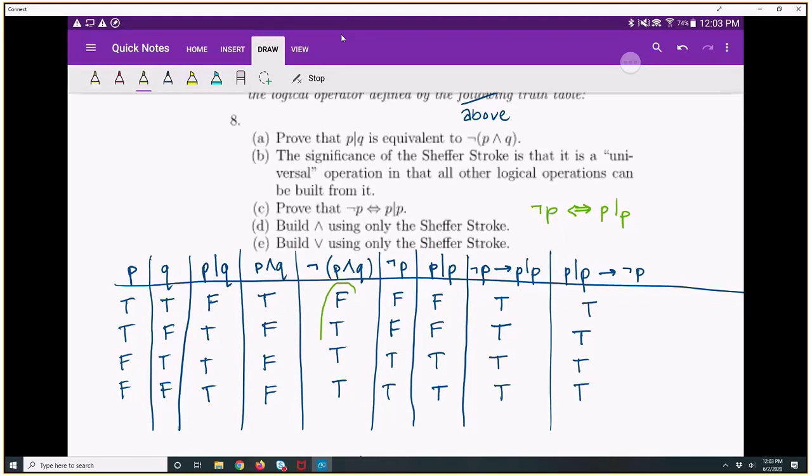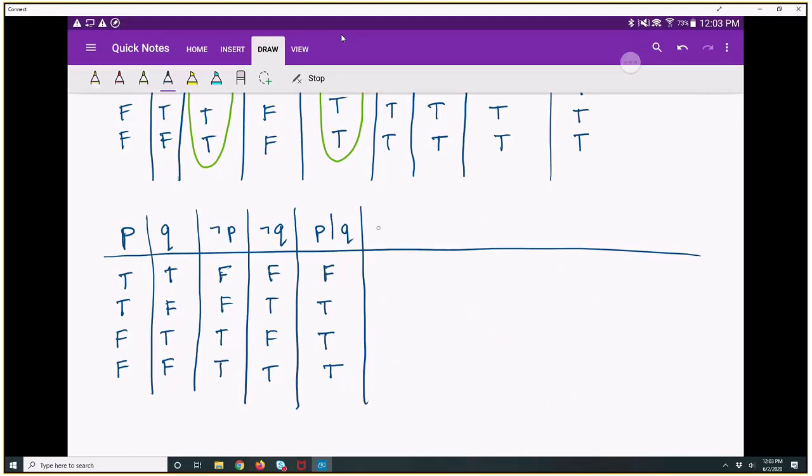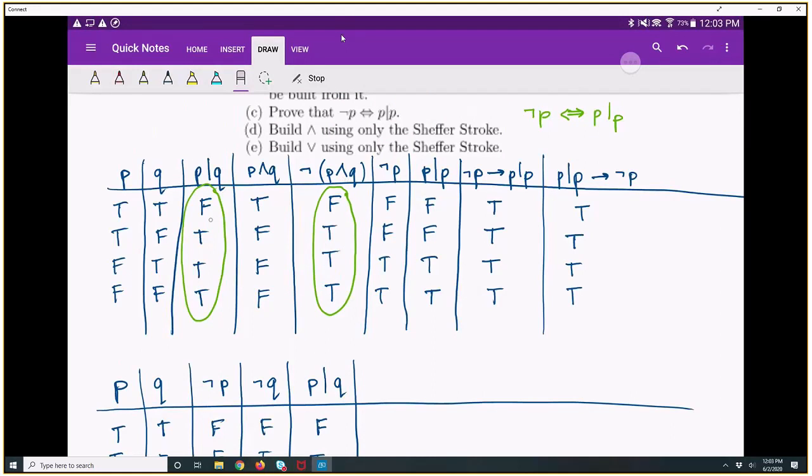I have this equivalence that we found in part A. So let me back up. Since the negation of the conjunction is the Sheffer stroke, the negation of the Sheffer stroke should give me the conjunction. So let's try that.